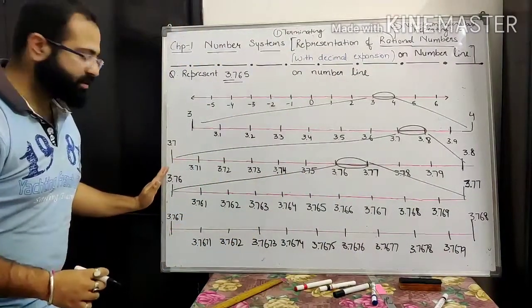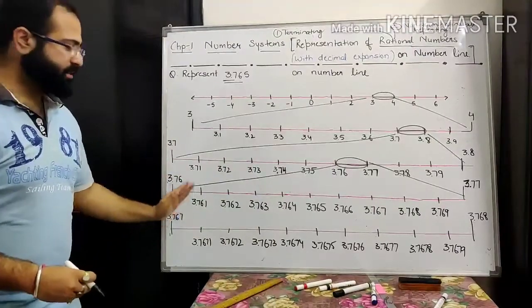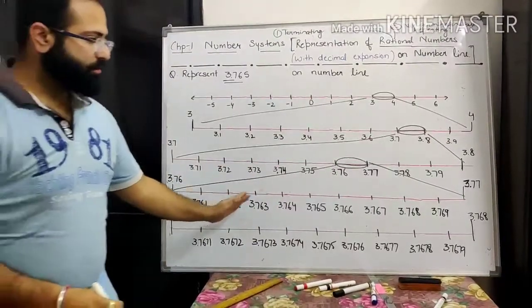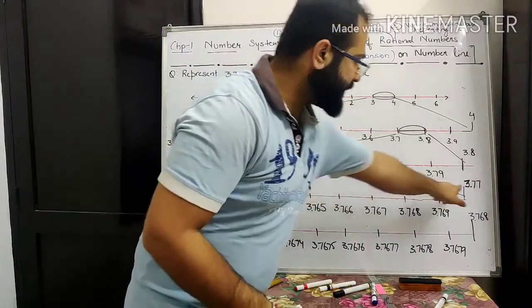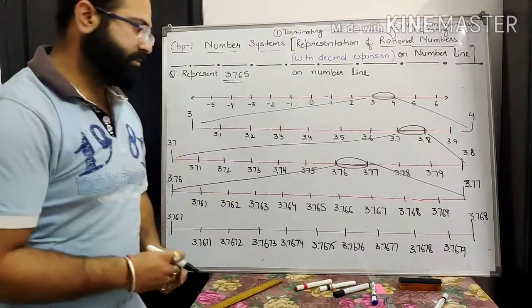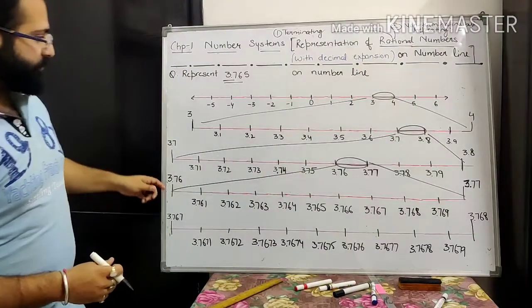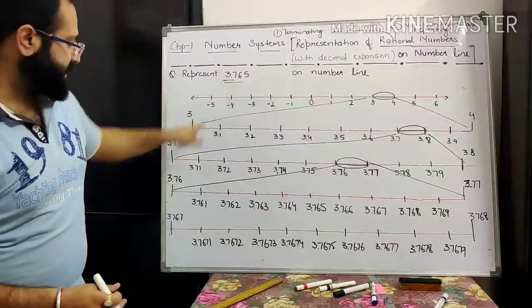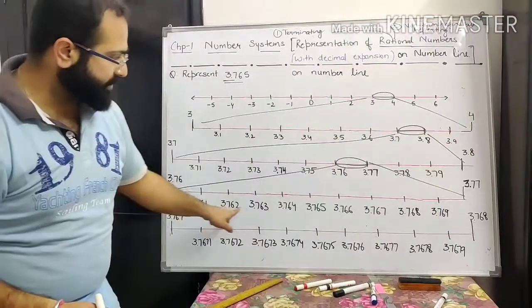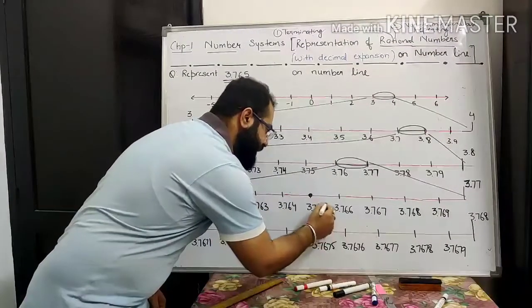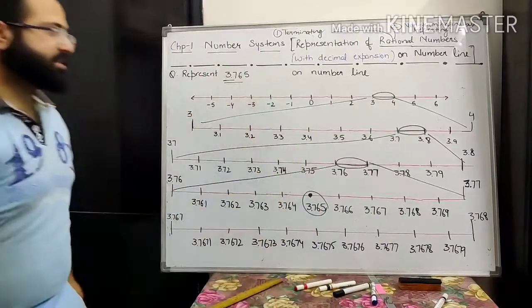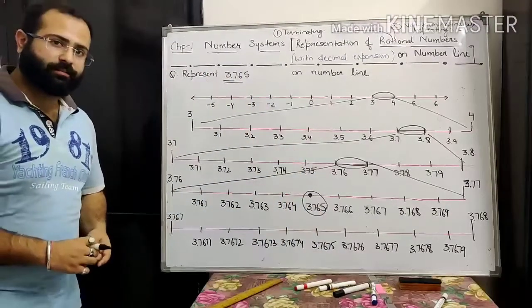Like 3.76 we have to start with, you'll get 3.761, 3.762 and so on till 3.769, and then the next decimal place, that is 3.77. Okay, so if you try to locate this number 3.765, where do we have our answer? So yes, 3.765 is the required answer.